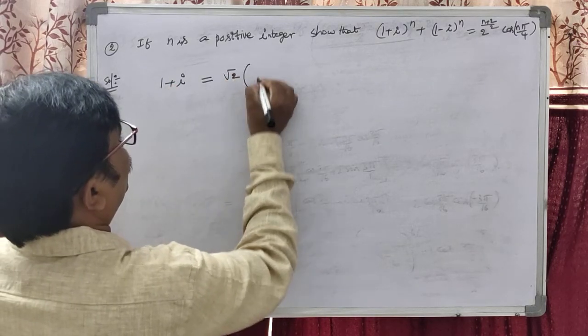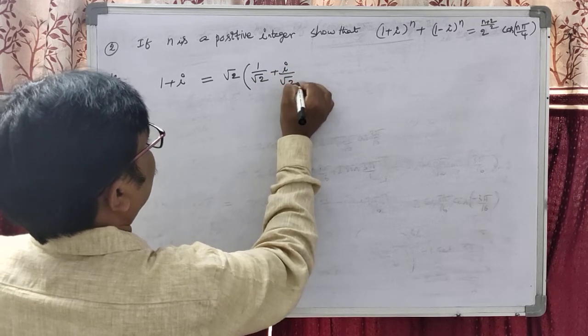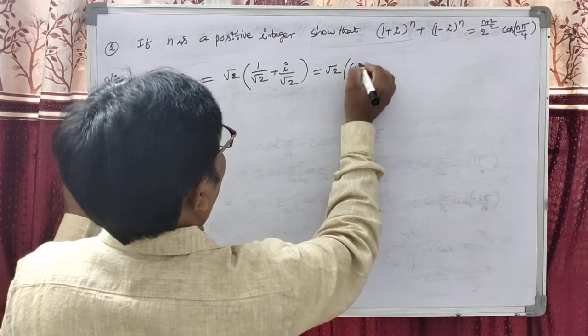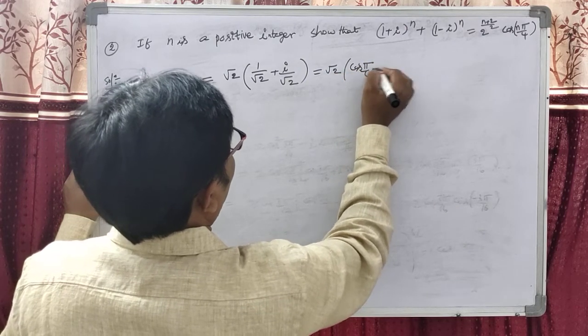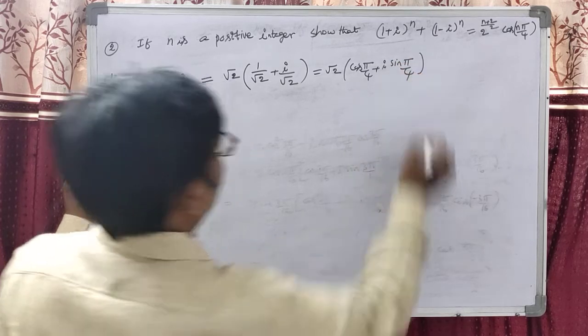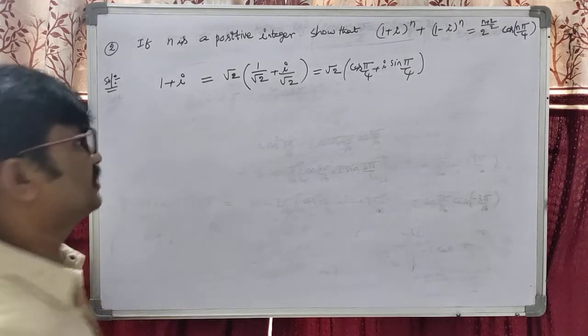Therefore we take root 2 common, so it is root 2 (cos π/4 + i sin π/4).